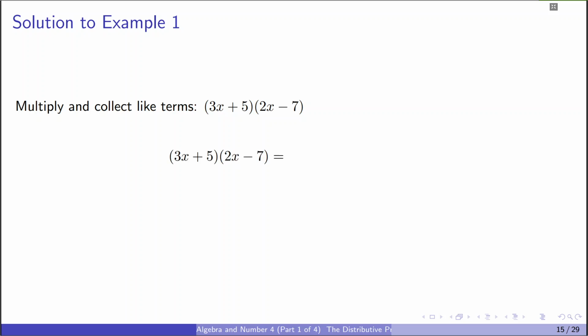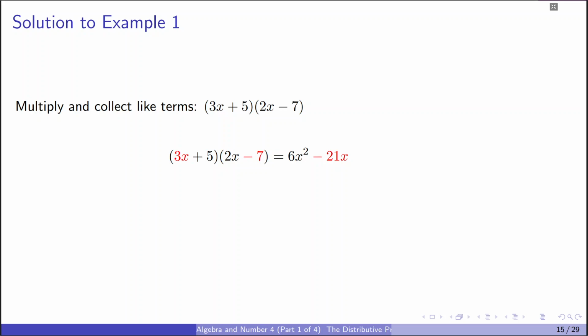All right, let's multiply these out. So, if we start with the first terms, 3x times 2x, 3 times 2 is 6, x times x is x squared, we get a 6x squared. Our second term, we take the terms on the outside, 3x times negative 7. We keep that negative sign, 3 times 7 is 21, and we have an x.